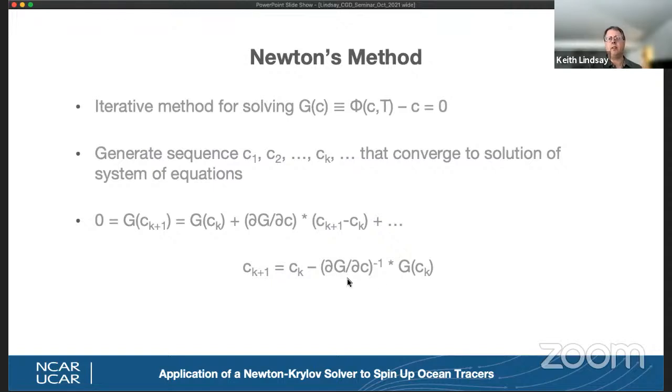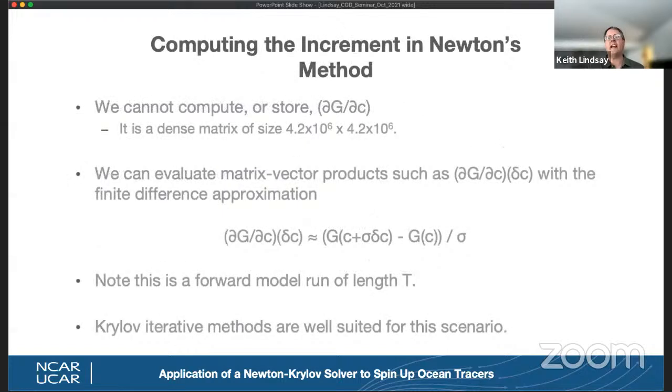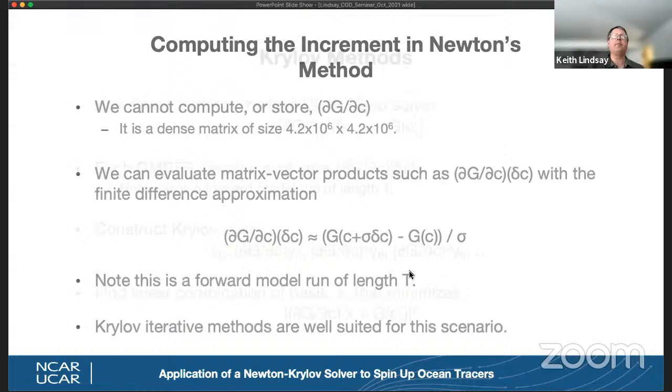Newton's method converges very rapidly, but some of the things that we do in the subsequent steps will reduce that performance, though it still converges well. In order to compute that increment in Newton's method, we need to evaluate this matrix inversion times a state vector.